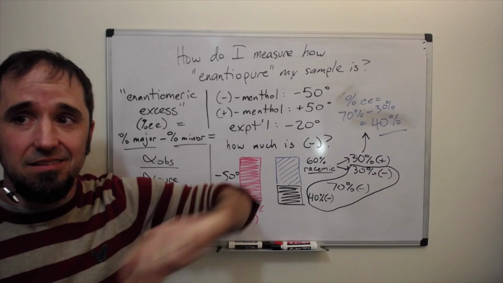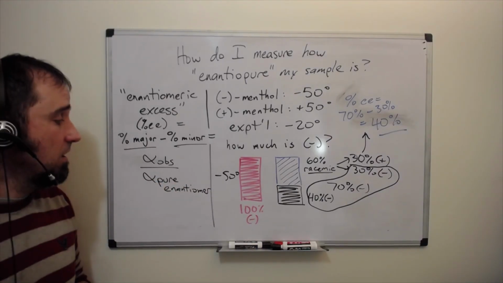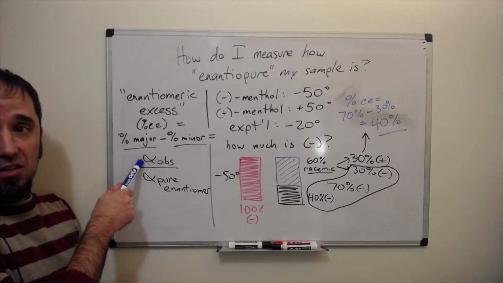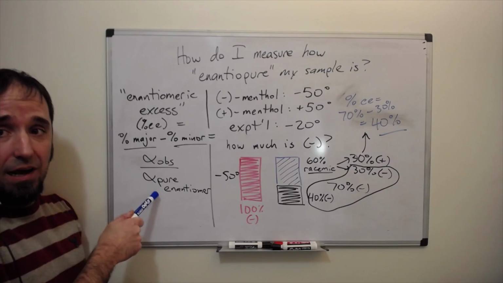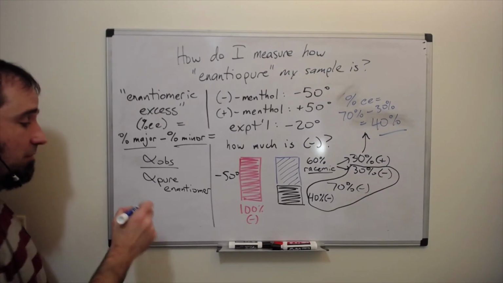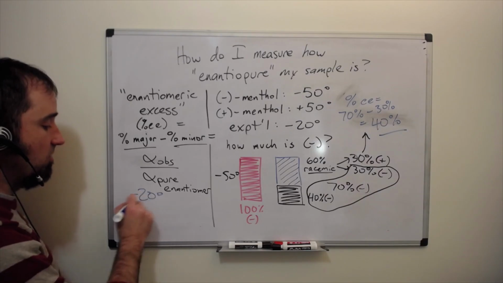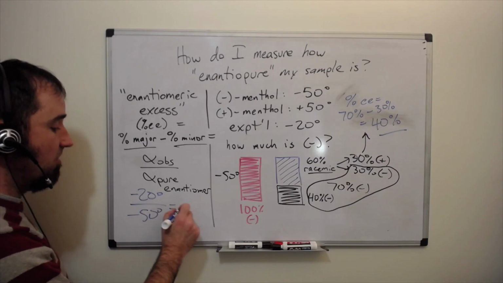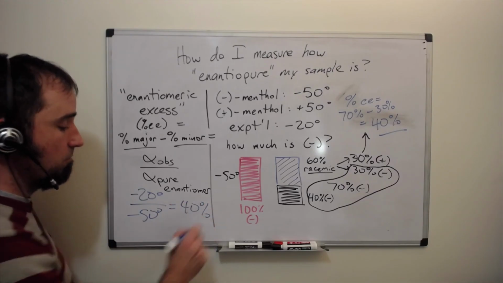But I could also get that number just by dividing my observed rotation by the pure enantiomer's rotation. So for instance, if I observe negative 20 degrees and I know that pure menthol should be 50 degrees, that also gives me 40%.